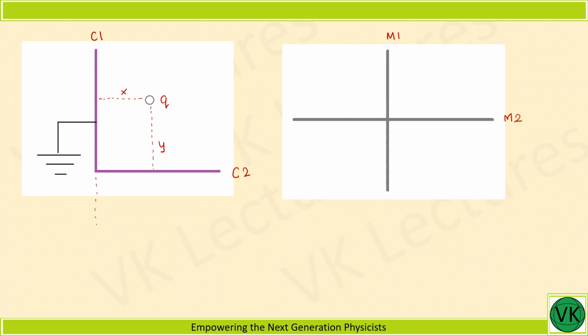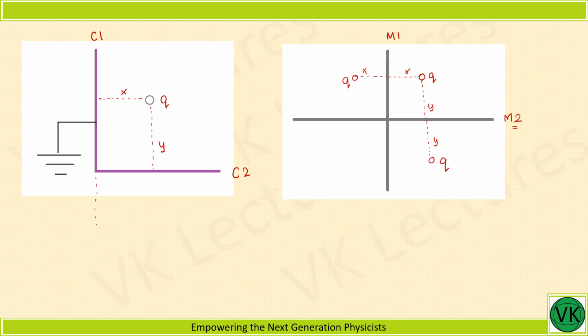Somewhere here we have our charge q and its imaginary charges on m1 and m2. This is at distance x, so at distance x on the other side we have the same charge q. Now with respect to m2, this distance is y, and at exactly y distance you have another charge.